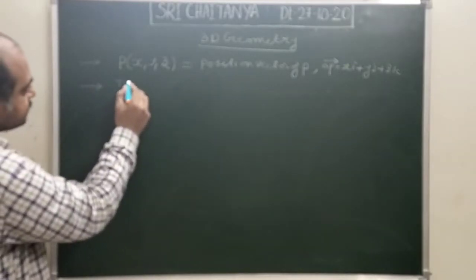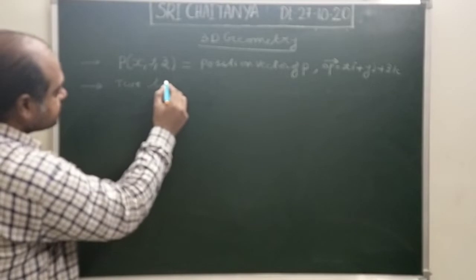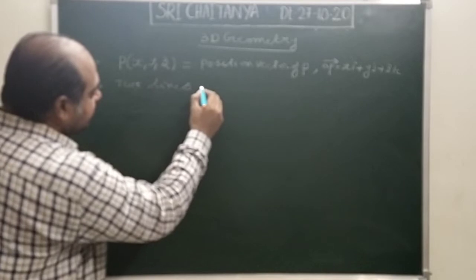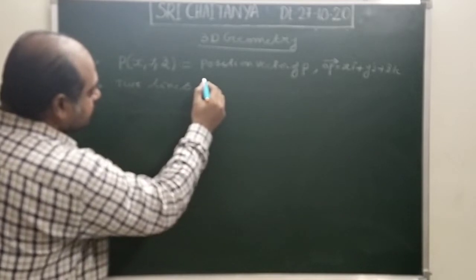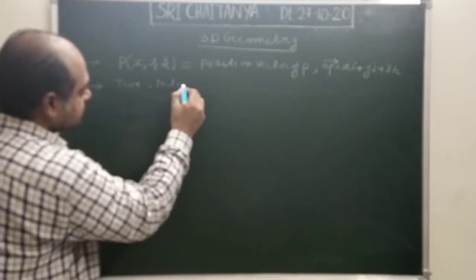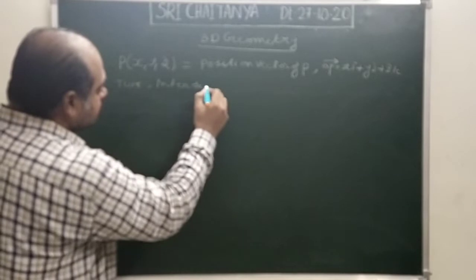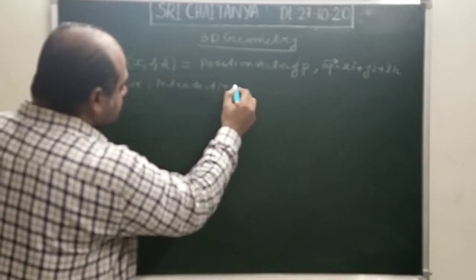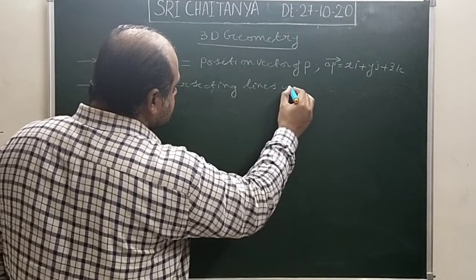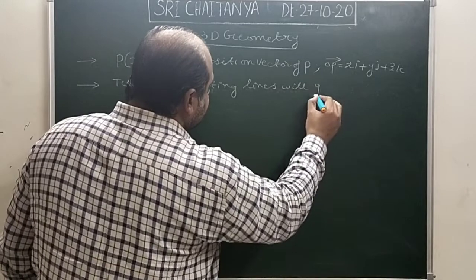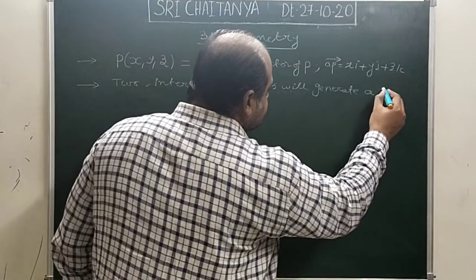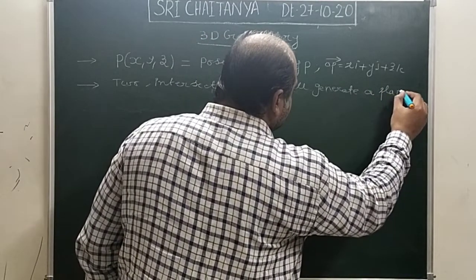Two lines intersect. Two intersecting lines will generate a plane.